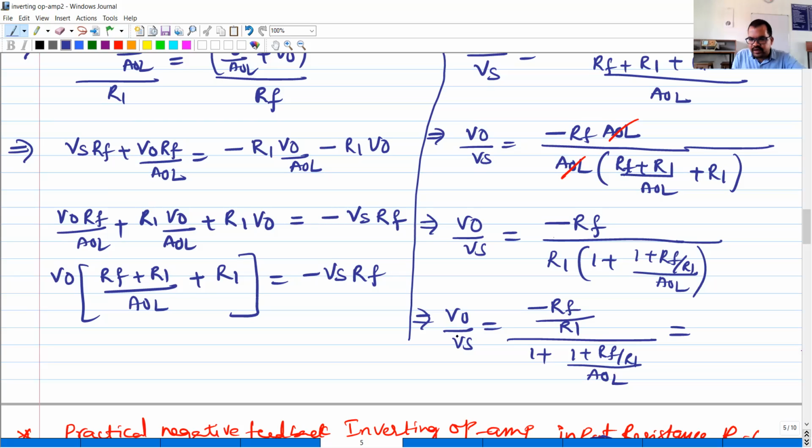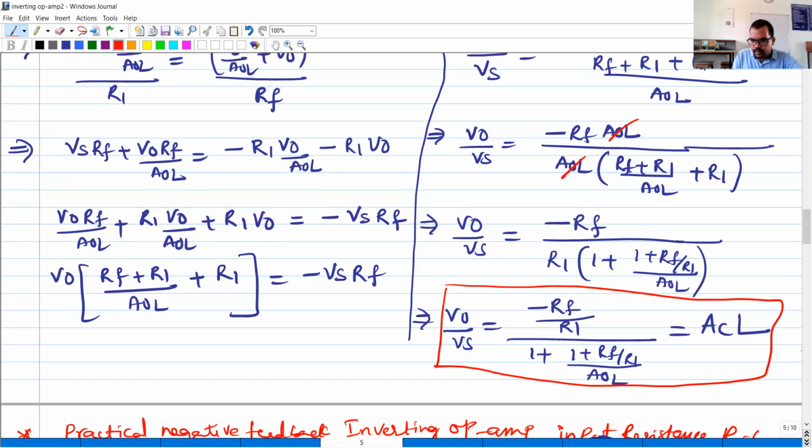What is V0 by Vs? Output voltage by input voltage, that gives the closed loop voltage gain of the inverting operational amplifier. This is the first one we calculated.